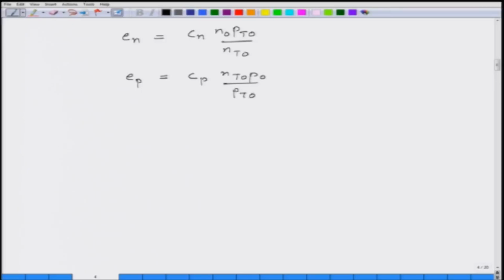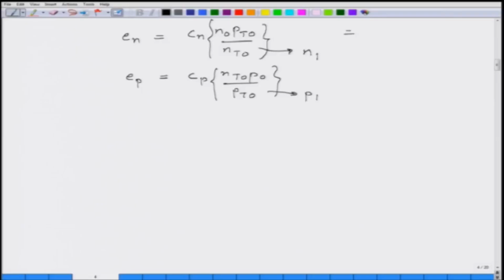Now, this part one can give a name: for electrons it is called n_1, and for holes the same thing is called p_1.